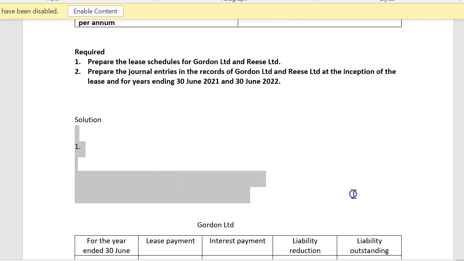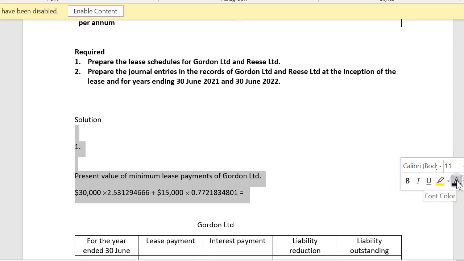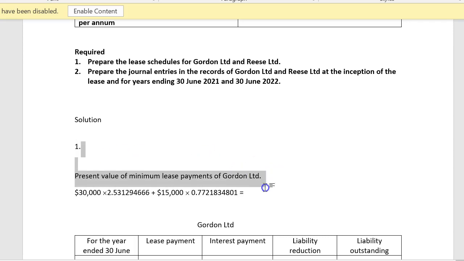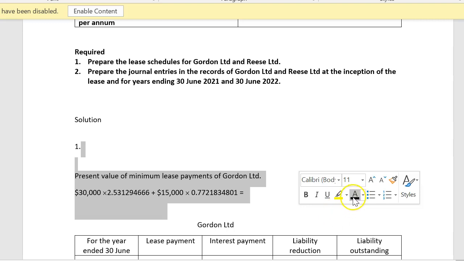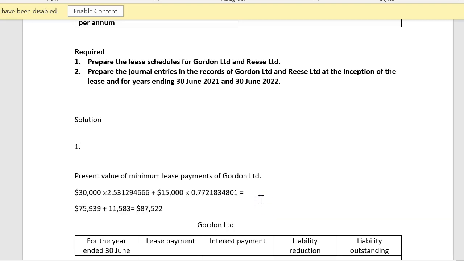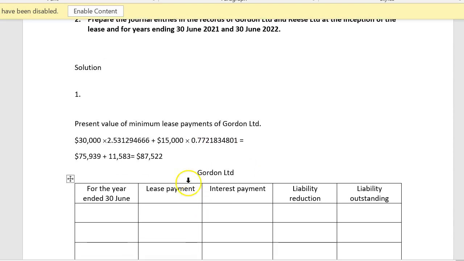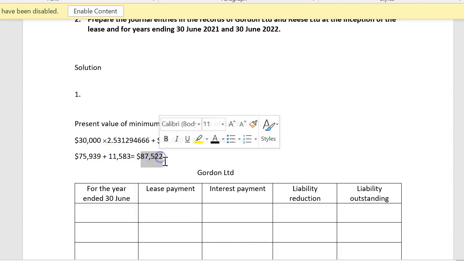Okay, let's see what we have here. There you go. The present value of lease payments is 75,939, and the present value of the lump sum payment is 11,583, which gives you 87,522.